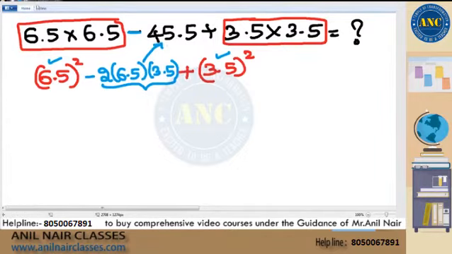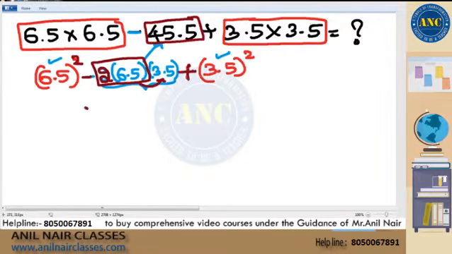Can I say that 2 into 6.5 is 13? 13 into 3.5, 3.5 is 7 by 2. 13 into 7 is 91, 91 by 2 is 45.5. Yes, it is absolutely satisfying the middle term. So a square minus 2ab plus b square is a minus b whole square.